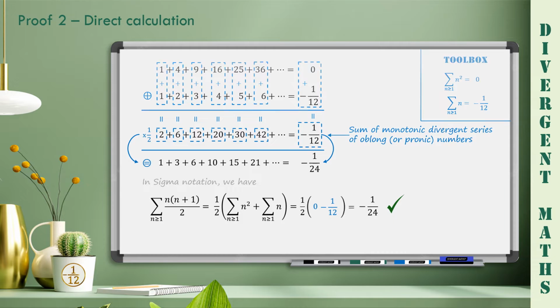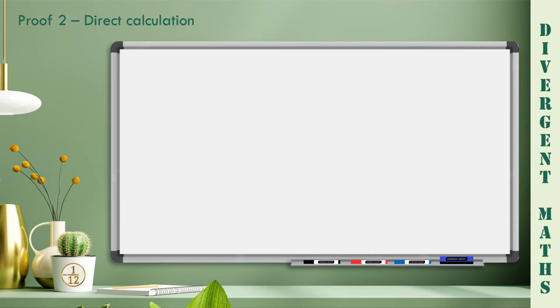Let's erase the board. In terms of generating function, we have 1/2 of (1 plus x over 1 minus x cubed plus 1 over 1 minus x squared).